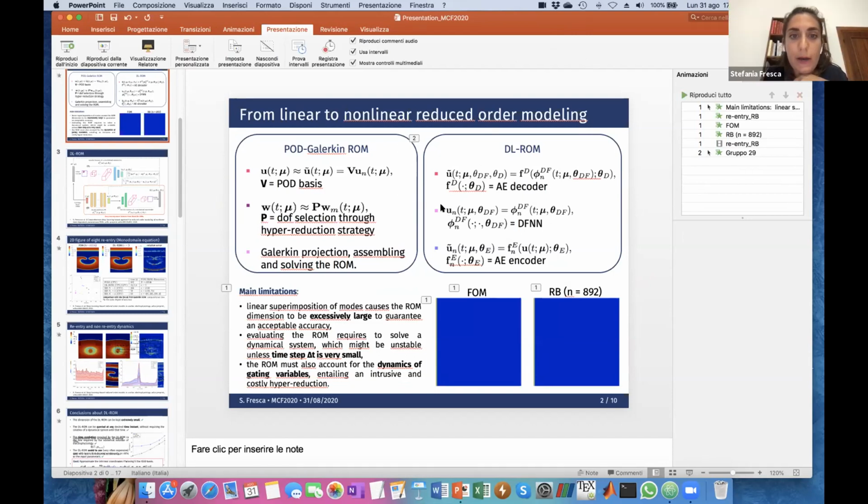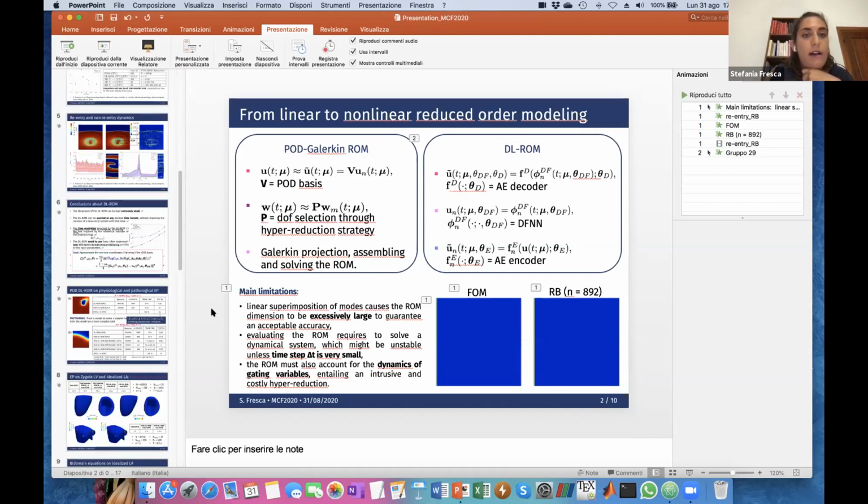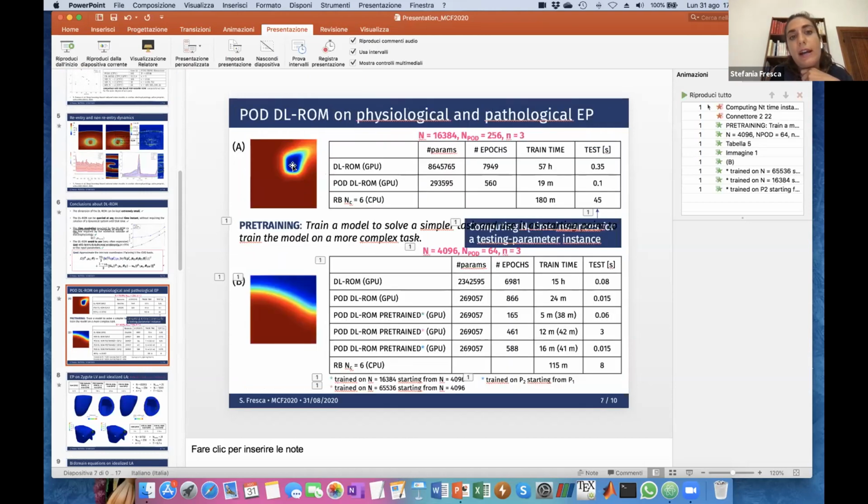I was wondering how applicable are the DL-ROM and POD-DL-ROM techniques for learning the dynamics associated with spatial heterogeneity in conductivity and/or ionic properties. Okay, these are very preliminary results, but while modeling the scar, you are indeed changing the conductivity tensor by setting it equal to 0 in correspondence of the scar region.